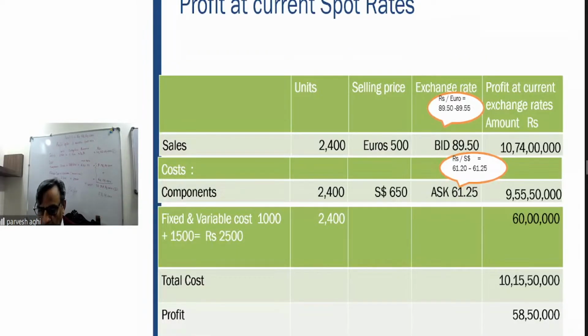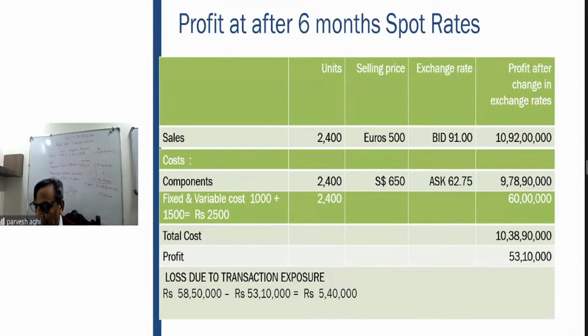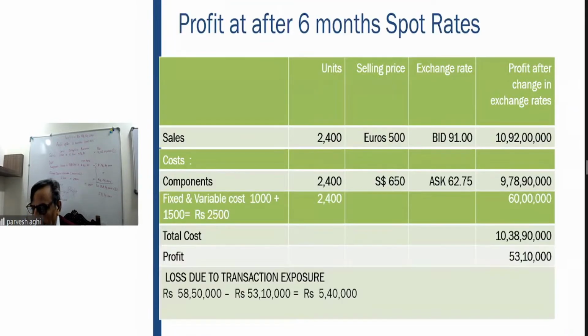But his component cost in terms of Singapore, the ask rate, which was 61.25, has gone up to 62.75. So on the component front, he has lost money. He was spending 9 crore 55 lakhs 50,000, and now he's spending 9 crore 78 lakhs. That's the difference.